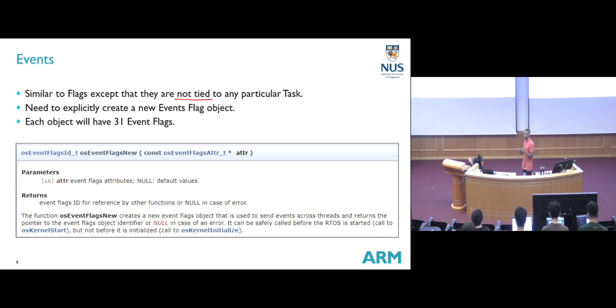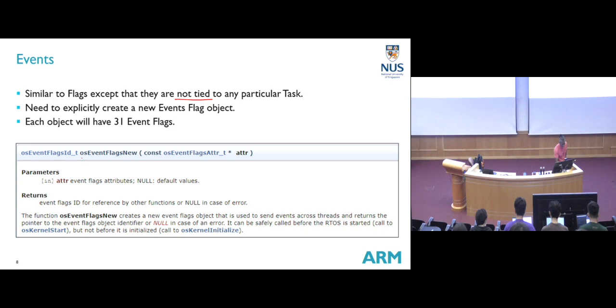Just now we said that for a thread flag, when I create the thread, when I call OS thread new, I get the return, correct? And that is the thread ID, and I use the thread ID to set the flag. Now in an event flag, it is the same thing, only it is not tied to a thread, which means I need to separately create it myself. How do I create it?